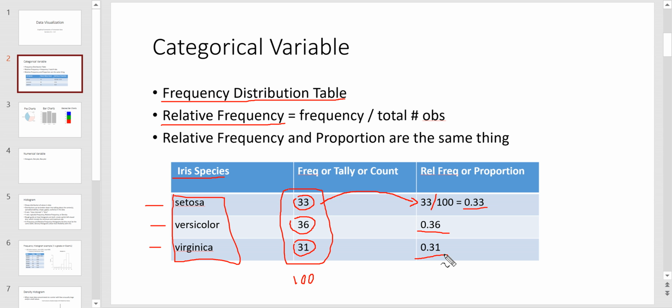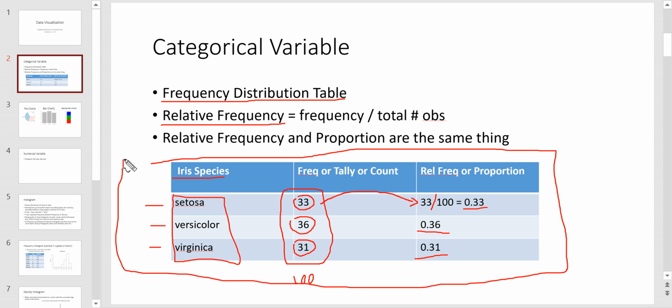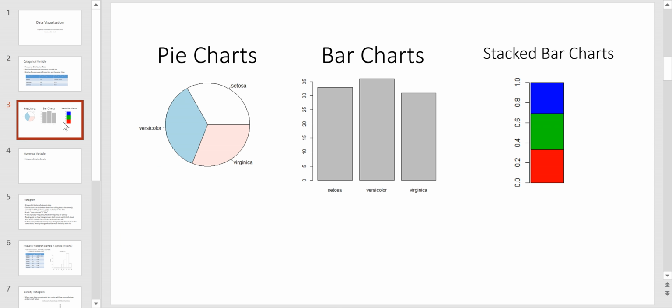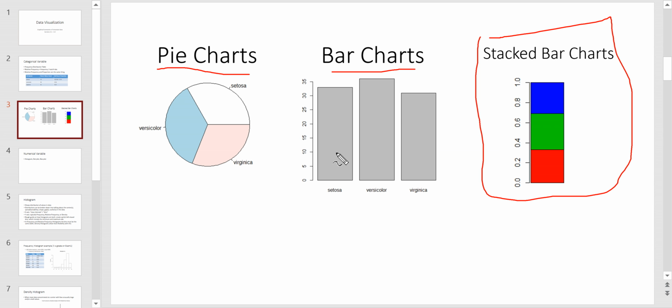Okay, so what are some graphs that we can now create off of this type of table? To get a little bit more visual than just these tables, we're going to very briefly go over these very common but very useful types of graphs. Actually there are two fundamental ones, and I'm underlining them now. And then there are variations, and here's just an example of a variation.